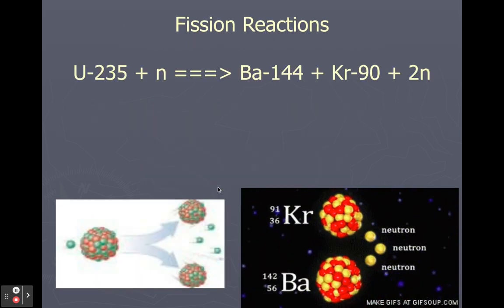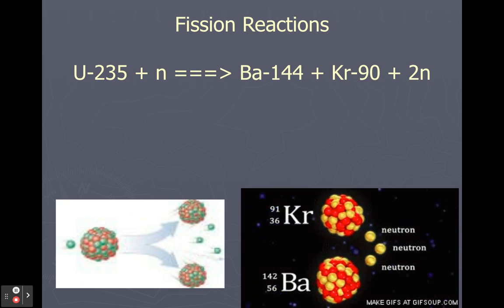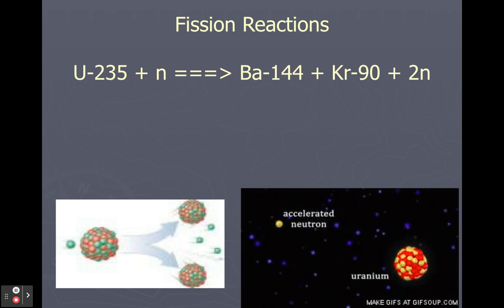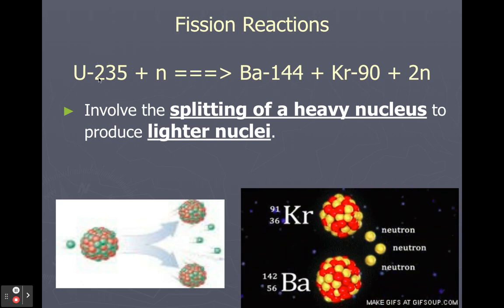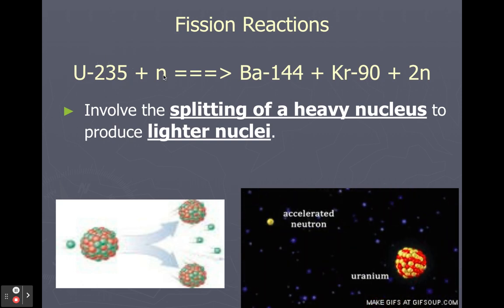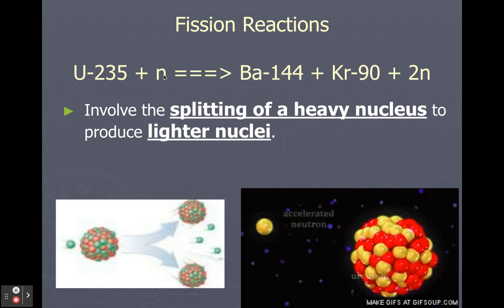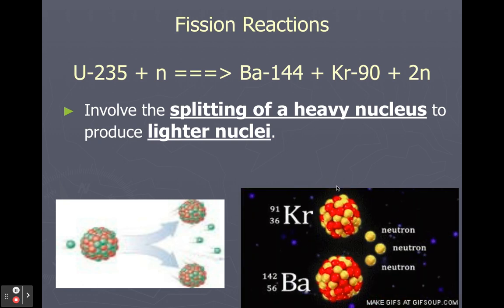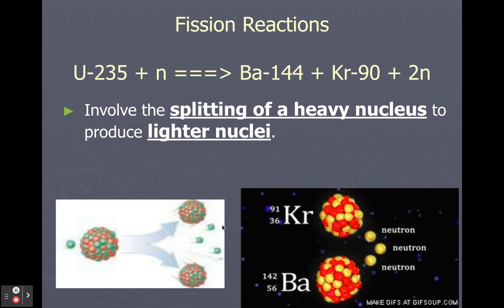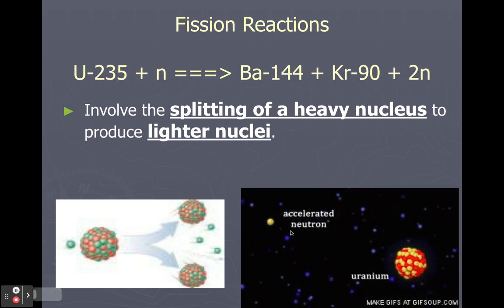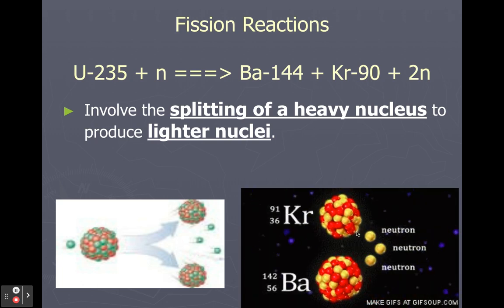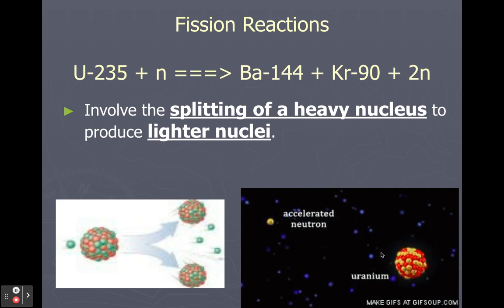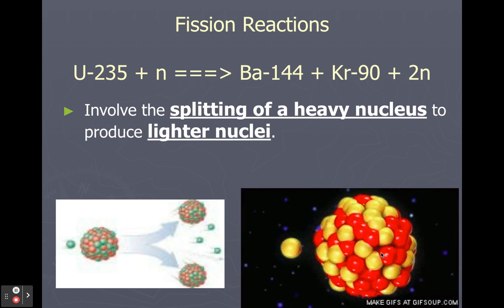Okay, fission is often used in nuclear power, also nuclear weapons. And you have usually uranium, it could be plutonium, but usually uranium and a nucleus coming together, and it splits. So let's take a look at the picture here. You have the neutron hitting the nucleus of the uranium and splitting it and creating more neutrons. So again, really splitting it in half almost.